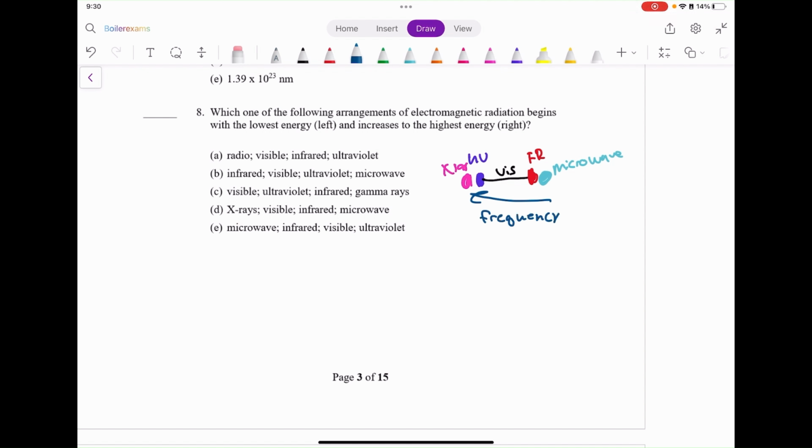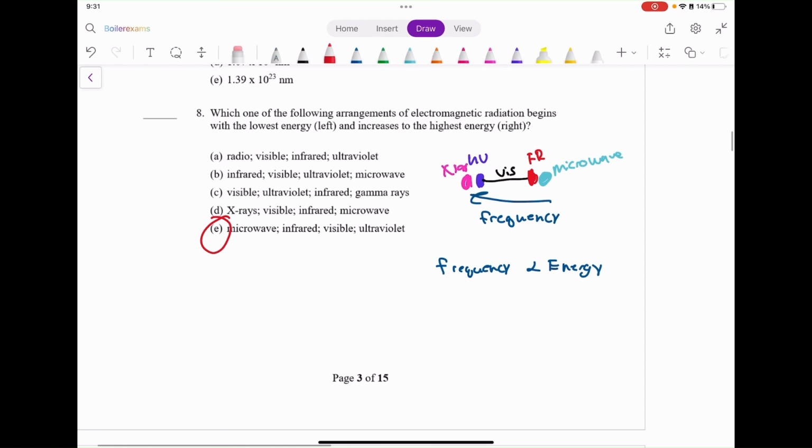And I know frequency is correlated to the energy. So as frequency increases, so does energy. Therefore, microwave is the lowest, and then IR, and then visible, and then UV, which looks like E. 8E.